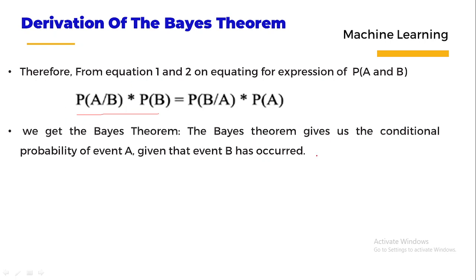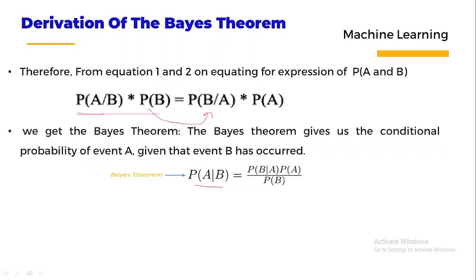The Bayes theorem gives us the conditional probability of the event A given that the event B has occurred. Simply, we keep this here, and this goes to the denominator in this formula, and after this we get the Bayes theorem formula.